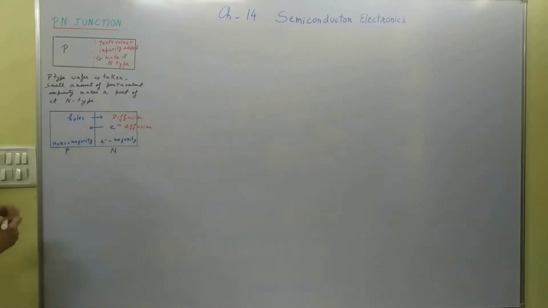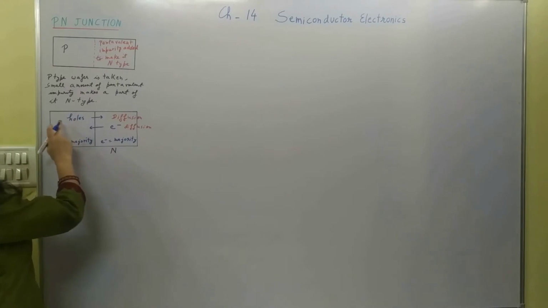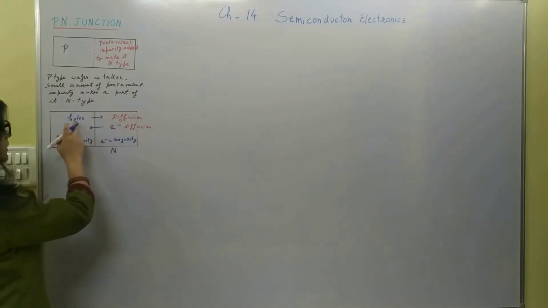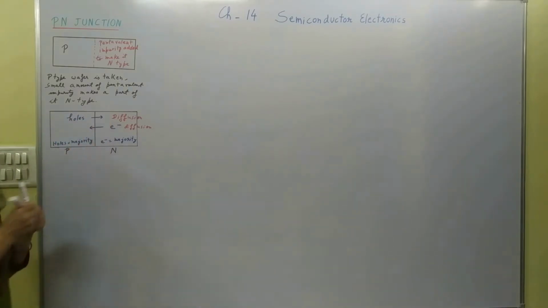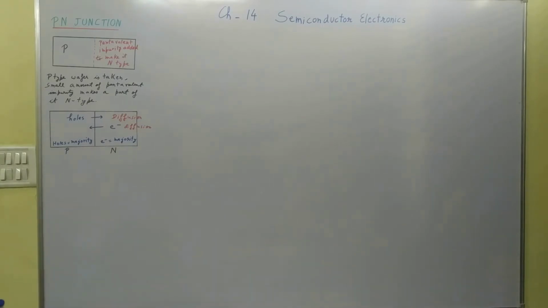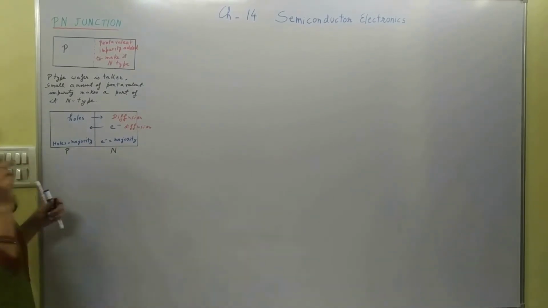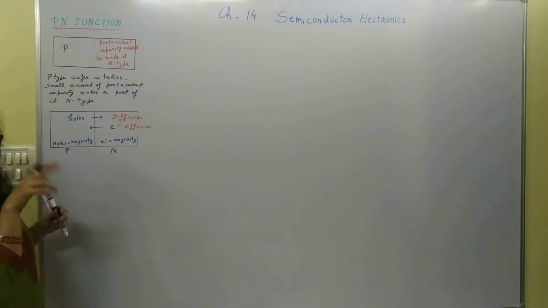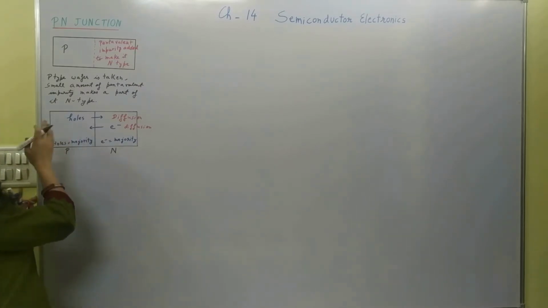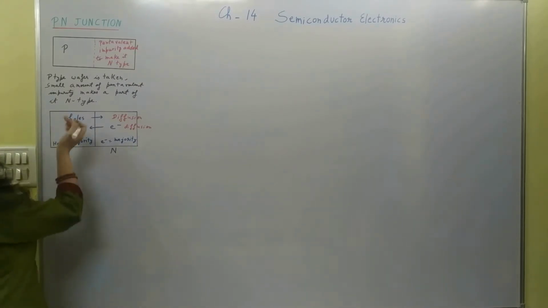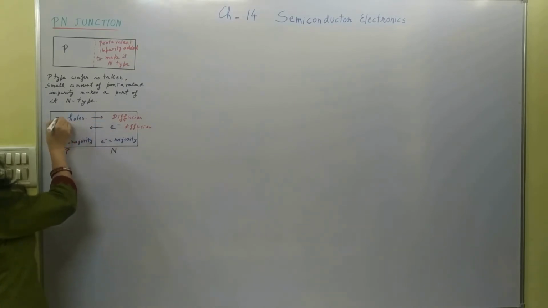So what happens is that when these holes are moving from here to here, they leave a negative ion behind.